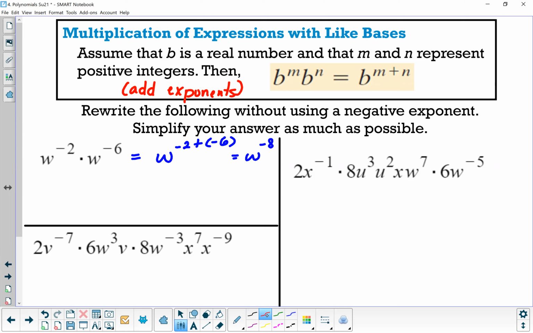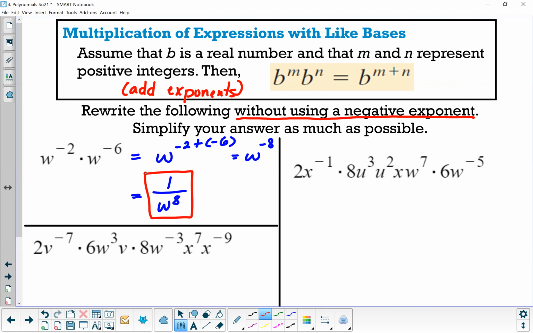Now in our directions, it does say write your answer without using a negative exponent. So now that we have w to the negative 8, we'll finish by taking the reciprocal to get 1 over w to the 8th power. And now we are fully simplified, and there's our answer.